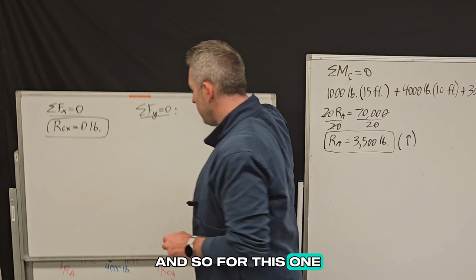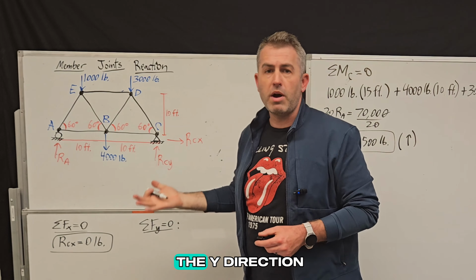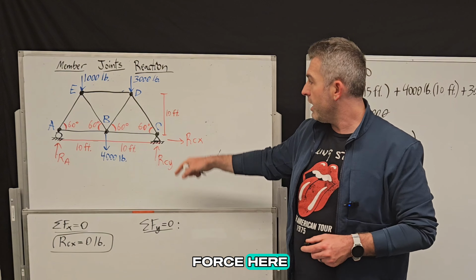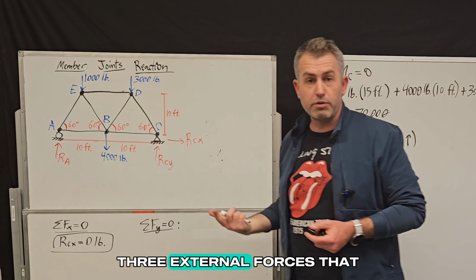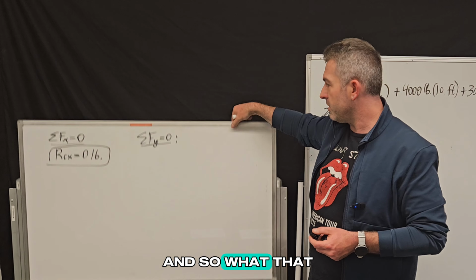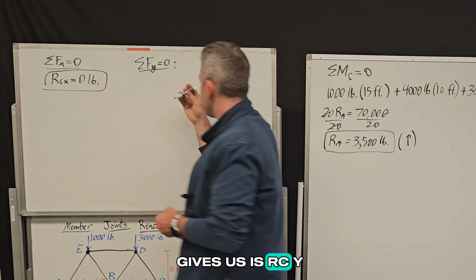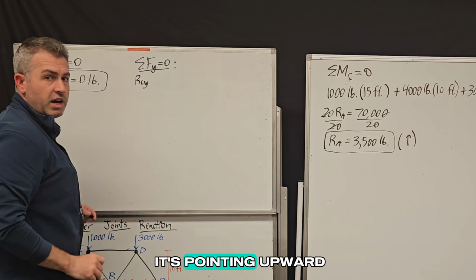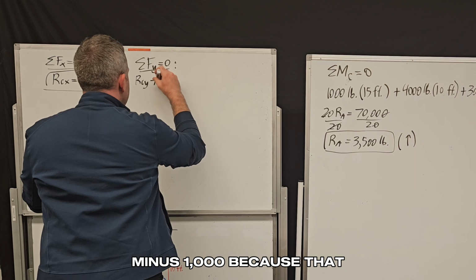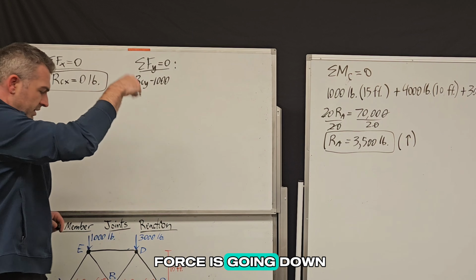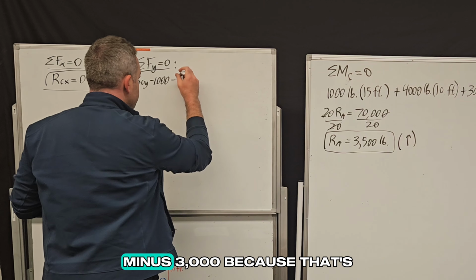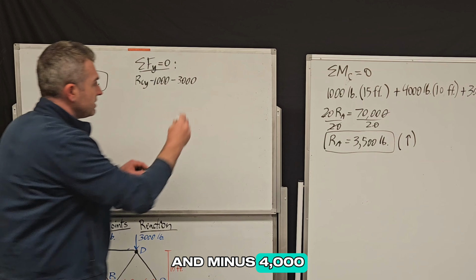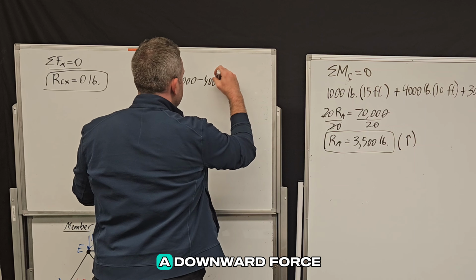And now we can do sum of all forces in the y direction equals 0. And so for this one, we're just adding up all the forces in the y direction. We have RCY, so this unknown reaction force here. And then we have the 1, 2, 3 external forces that are all pushing downward. And so what that gives us is RCY, which is positive because it's pointing upward, minus 1,000, because that force is going down, which is the negative direction, minus 3,000, because that's also a downward force, and minus 4,000, because again, that's also a downward force.